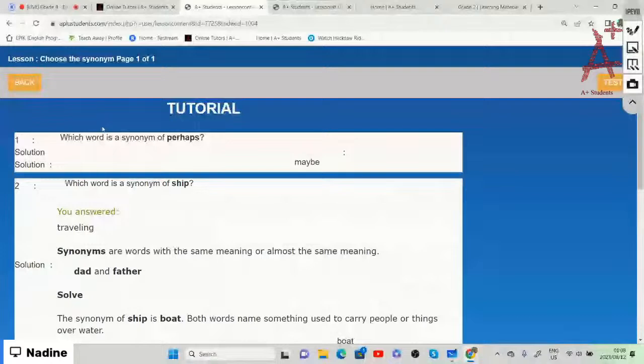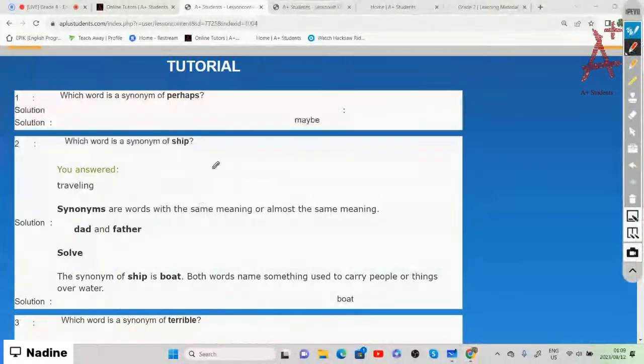So you can either say perhaps or maybe. So maybe is the synonym of perhaps. So perhaps I should go to the park. Maybe I should go to the park. So it is words that have the same meaning or almost the same meaning.